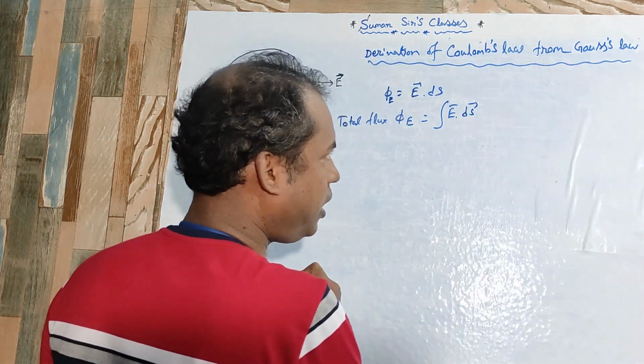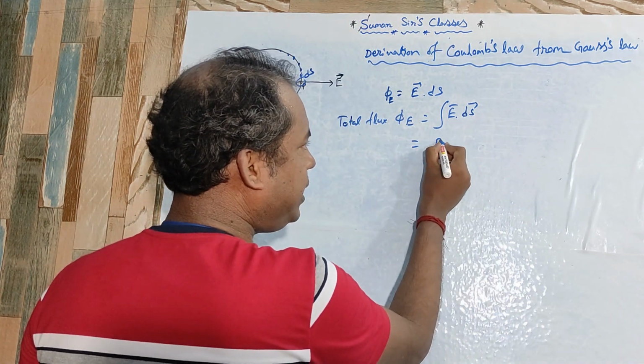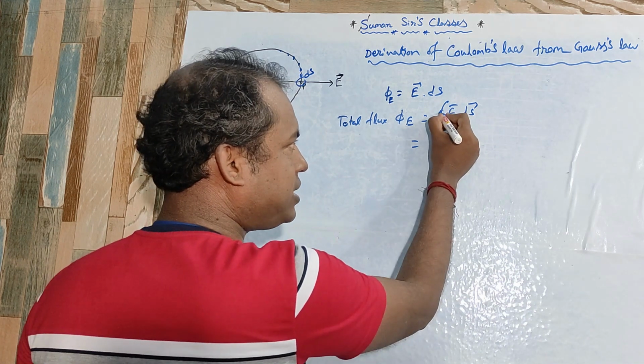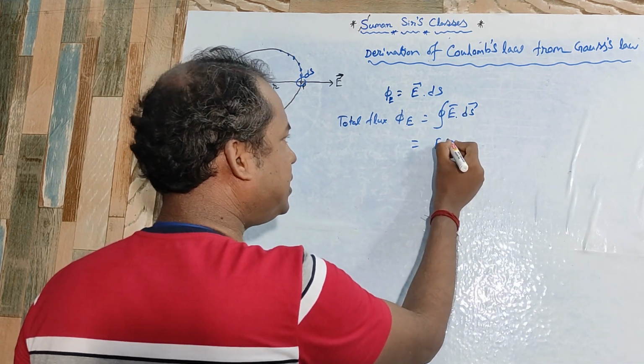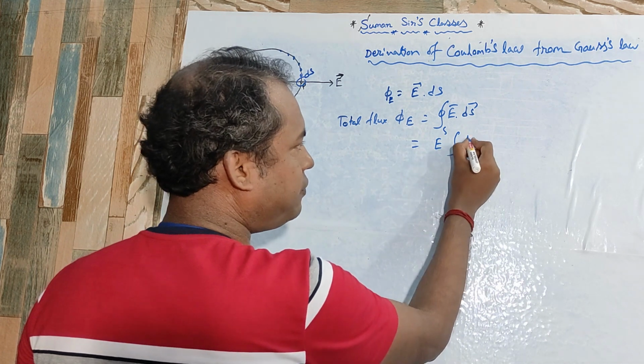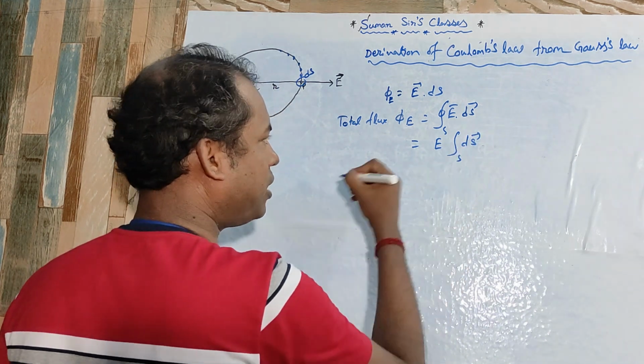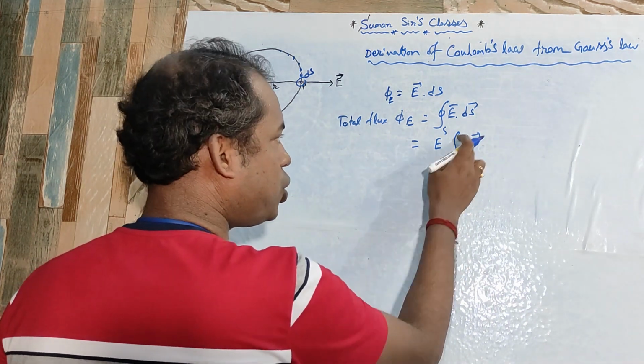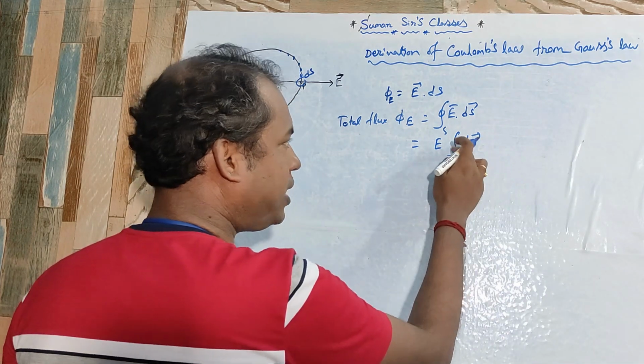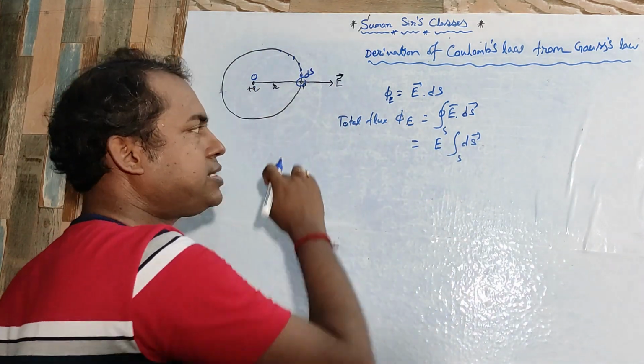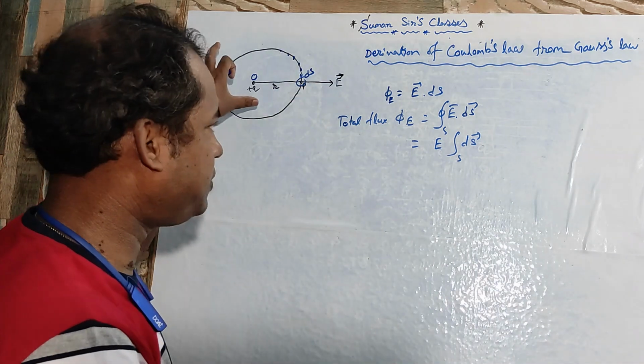Now E is constant, it does not depend on the surface area, so we just write integration of ds here. Now what is ds? If I consider this one is a sphere, the Gaussian surface is a sphere.